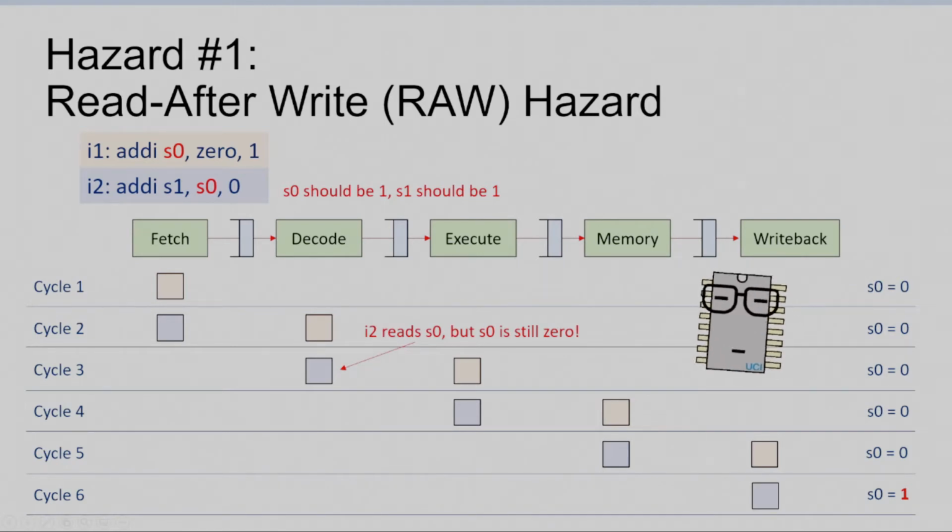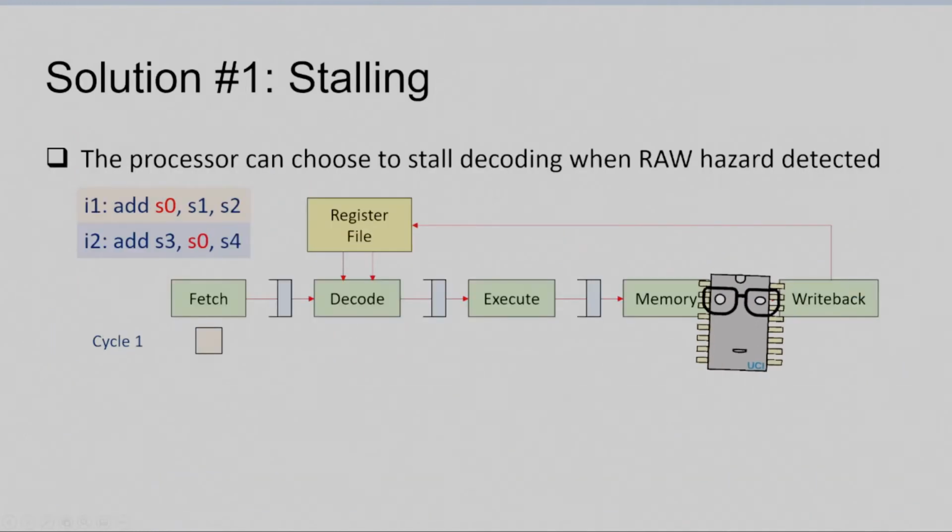So after the end of all of this execution, we expect S0 to be 1 and S1 to be 1, but if we wait long enough for this to finish, S0 will eventually become 1, but S1 is going to stay 0. So it's a wrong state we fall into, and we want to avoid that.